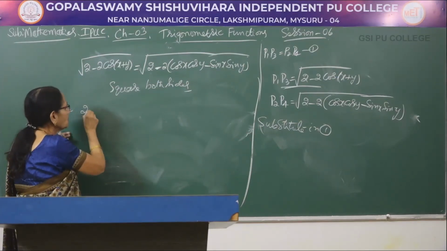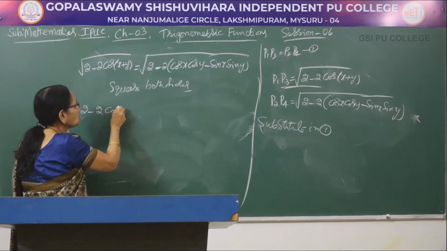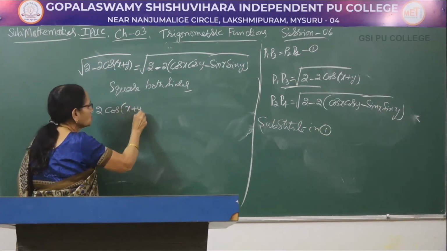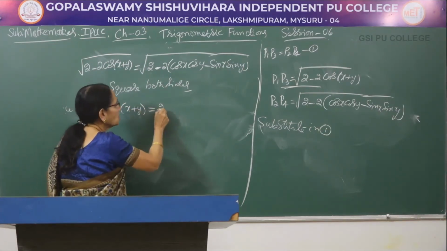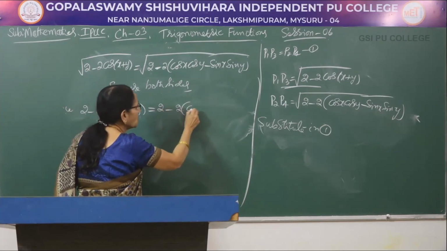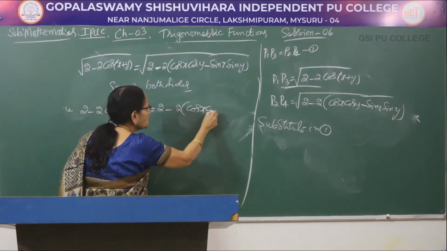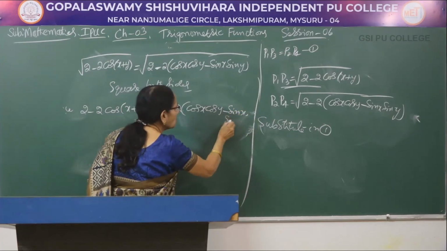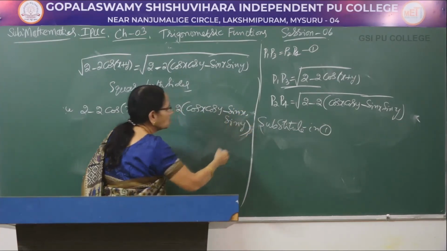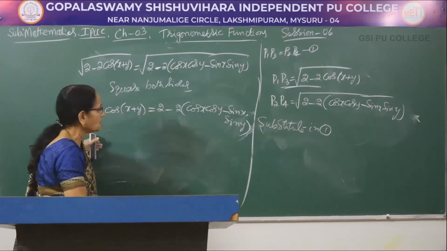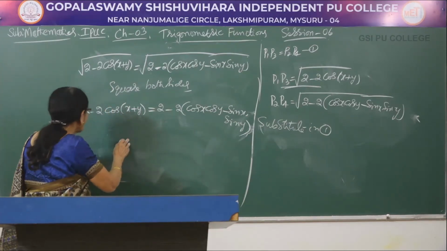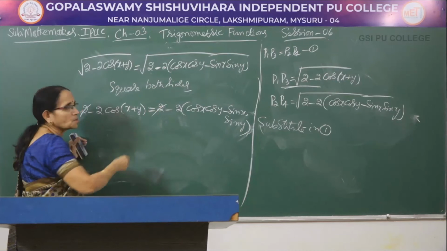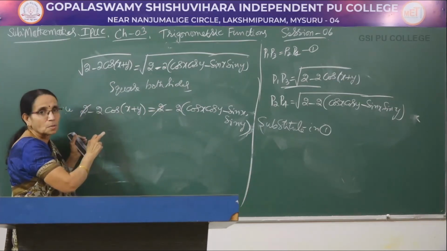So, we have 2 minus 2 times cos of x plus y equal to 2 minus 2 times cos x into cos y minus sin x into sin y. We have almost arrived at the result, and you observe that this 2 on both sides can be cancelled. So, what is remaining?